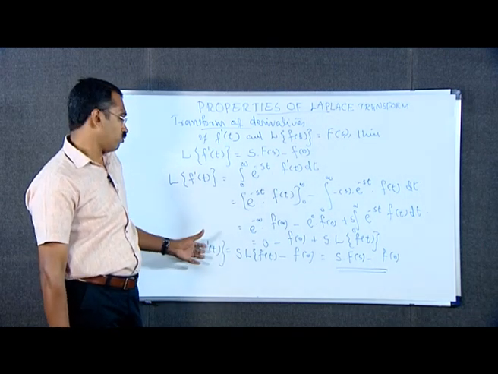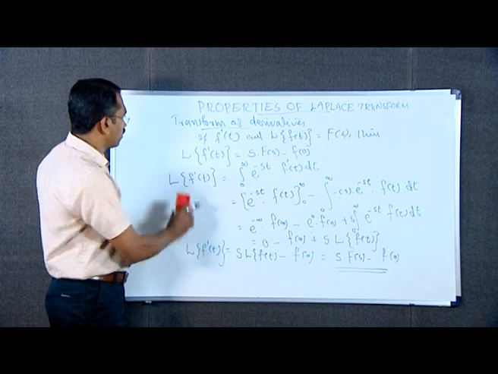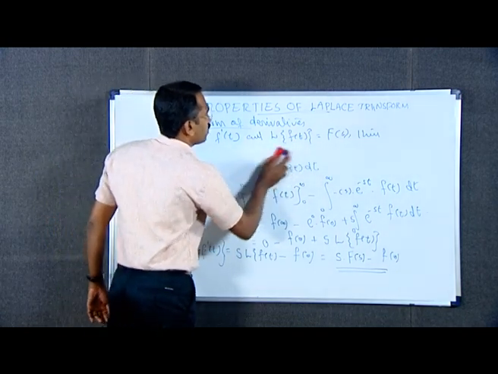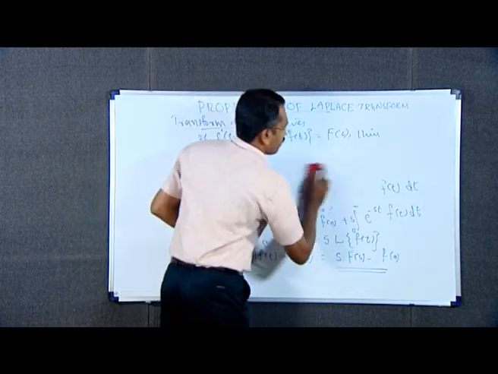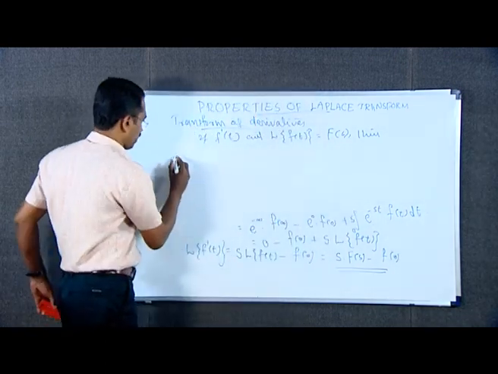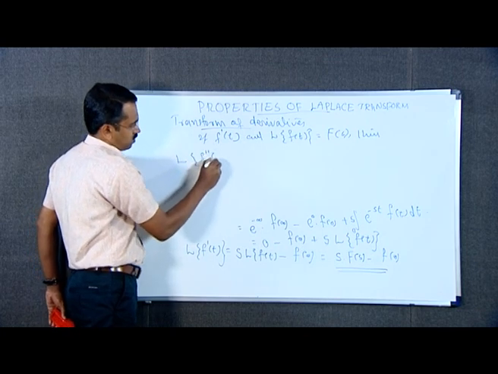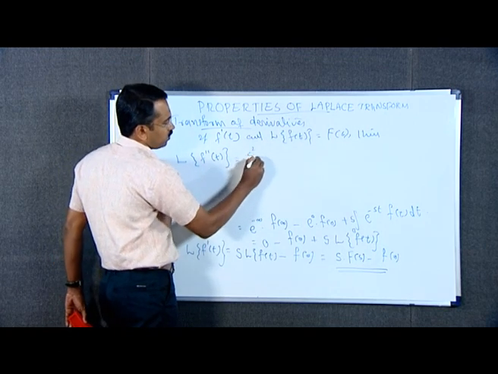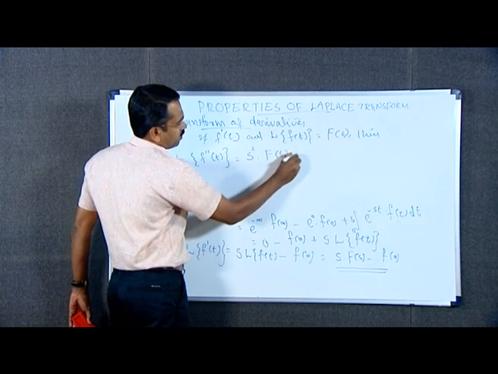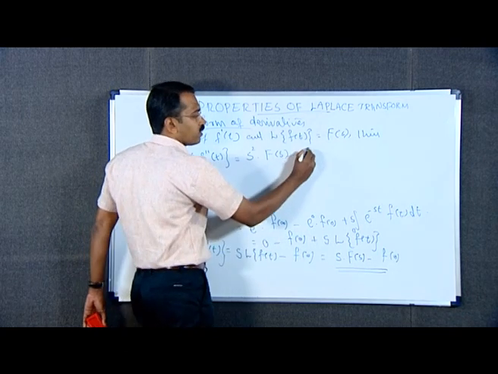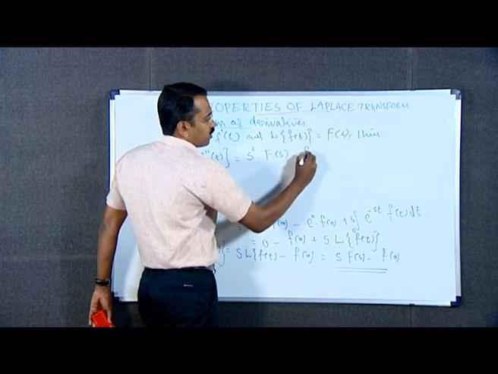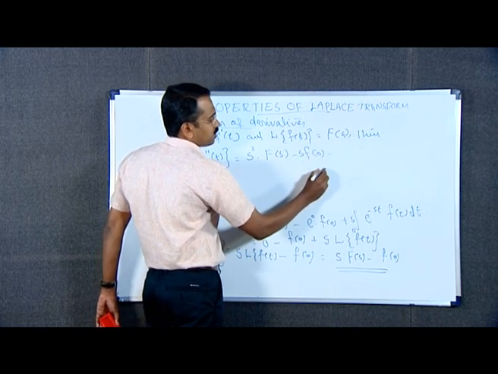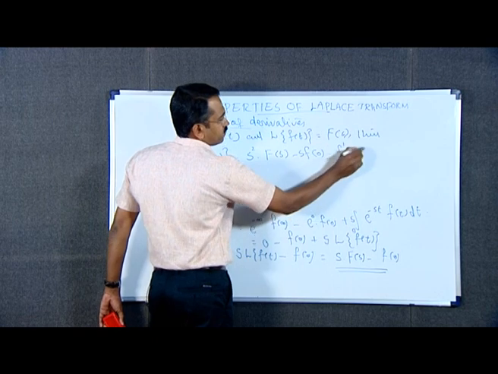Similarly, we can prove that Laplace transform of the second derivative f double dash of t is equal to s square into F of s minus s into f of 0 minus f dash of 0.